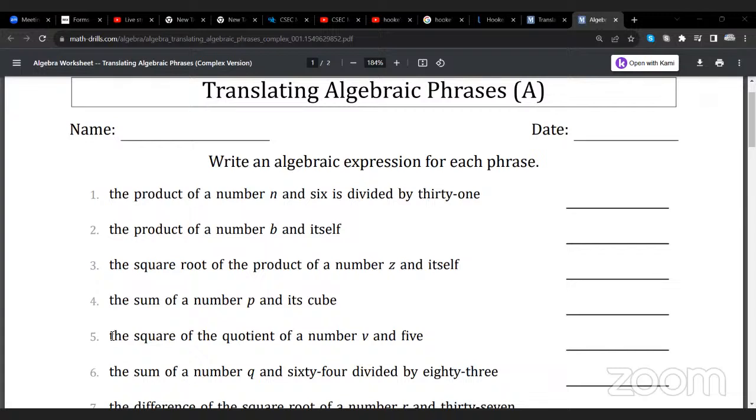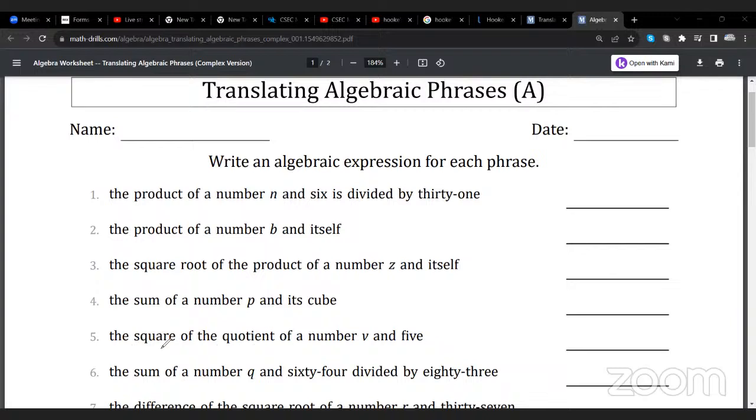V divided by 5, all squared. That's correct. Let's write that. How did it look? Very good, sir.